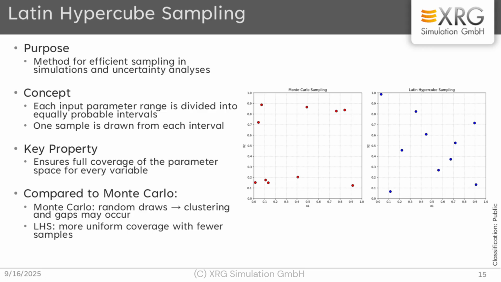If we compare to the Monte Carlo sampling on the left side, which is more random, we see that there's better coverage, and there are no empty spaces and no parts where multiple points are. So it's a good way to create sampling without clustering and gaps, and it gives more uniform coverage.